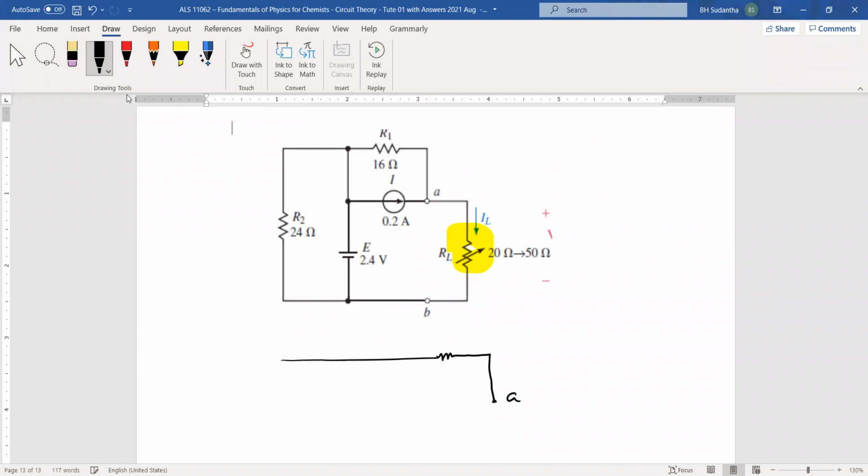This is point A. And here we have current source, 0.2 amperes, 16 ohms.